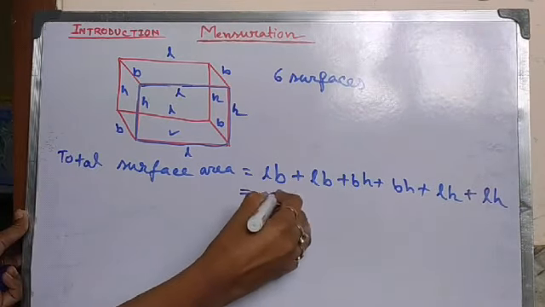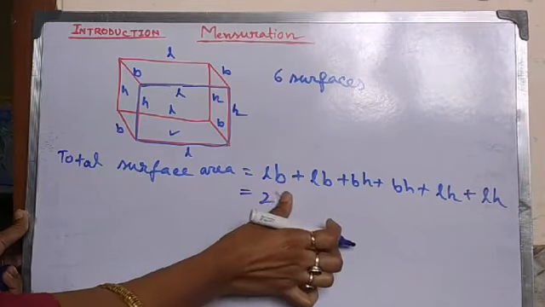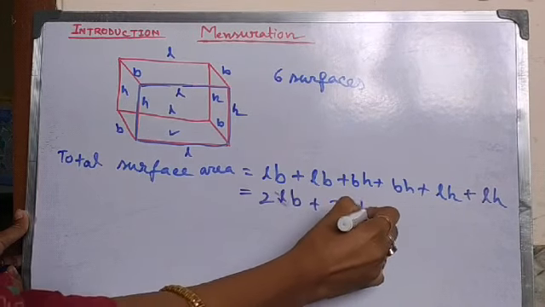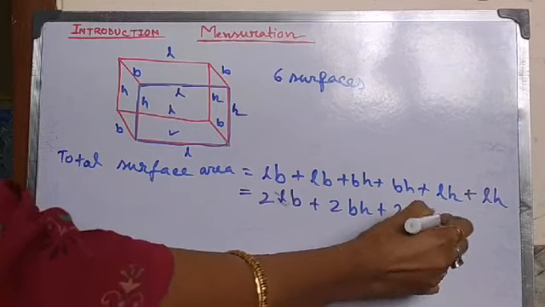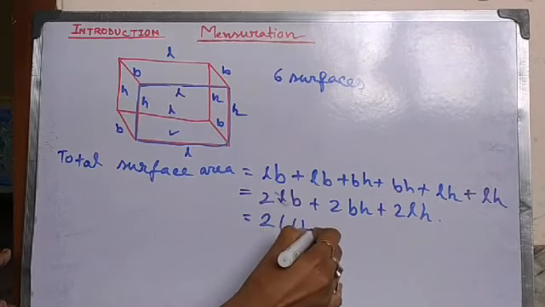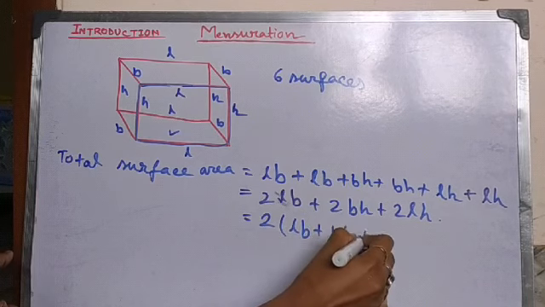So here 2LB plus 2BH plus 2LH. Taking 2 as common, we get 2 into LB plus BH plus LH.